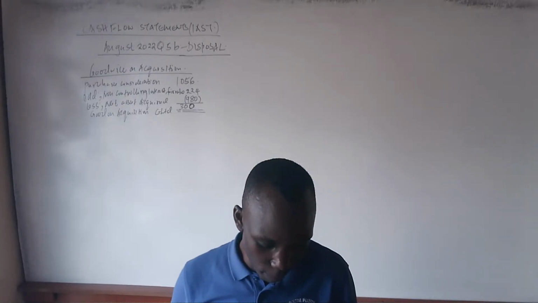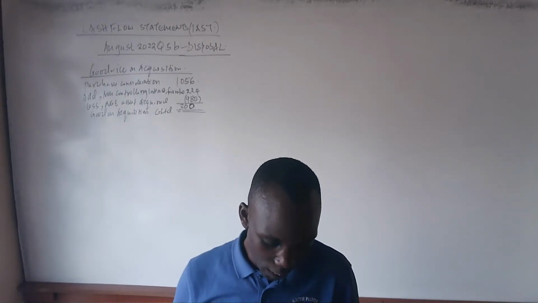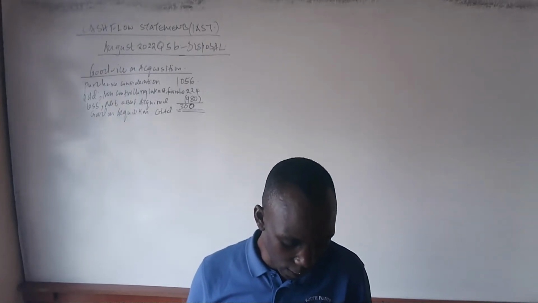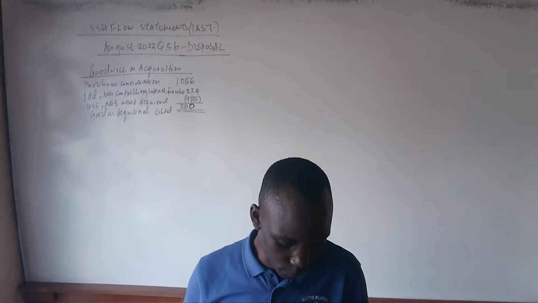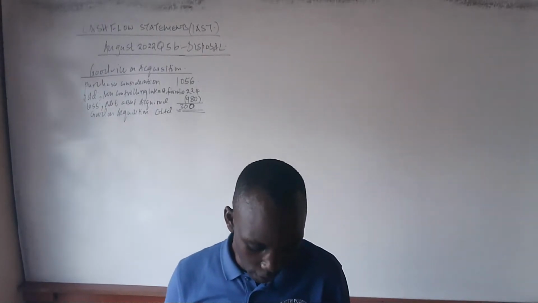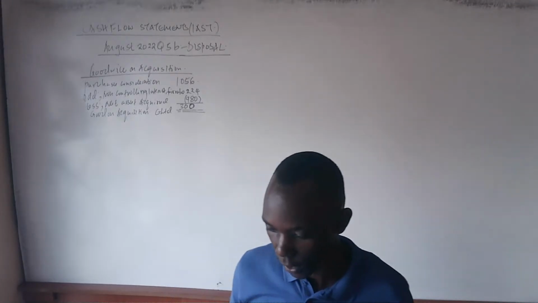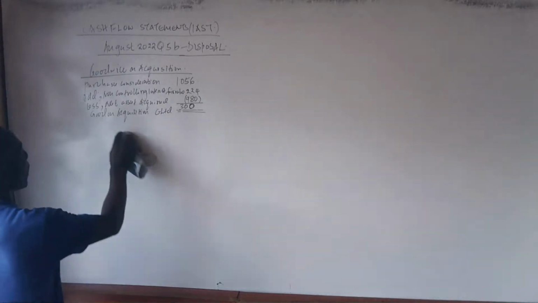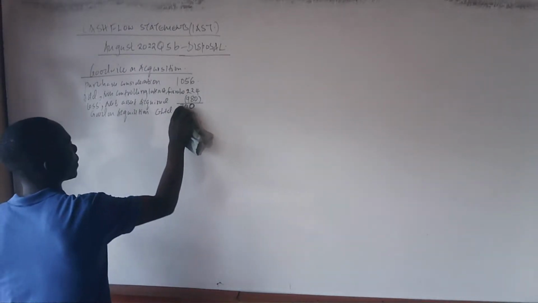A goodwill impairment charge has been included within the administrative expense for the current year, but does not relate to C Limited. So therefore, let us continue with this one.